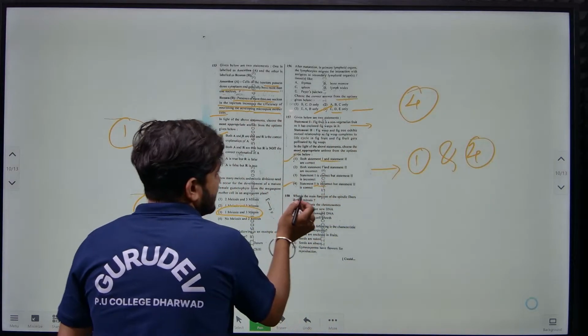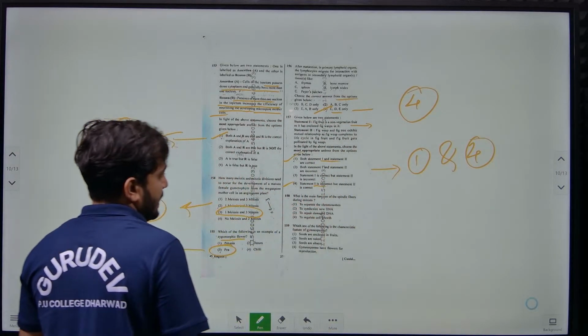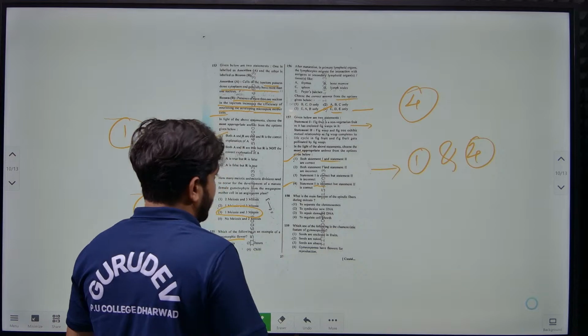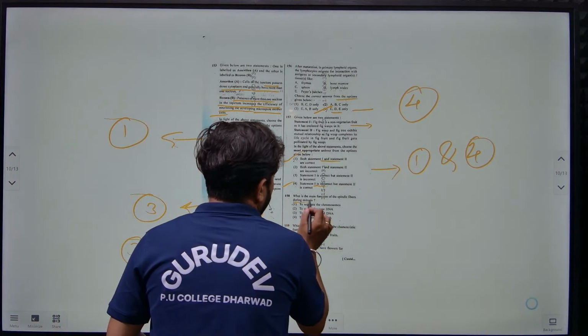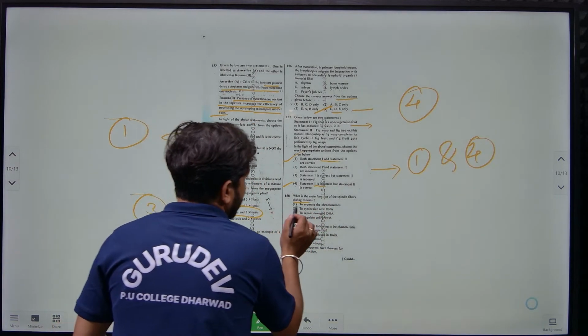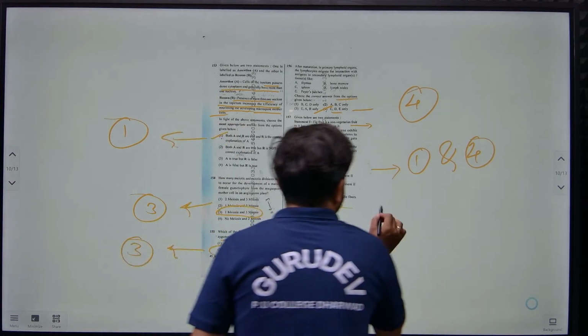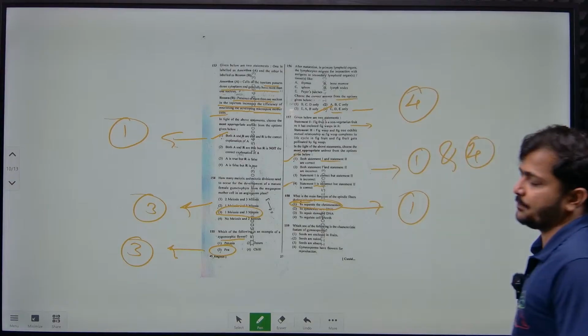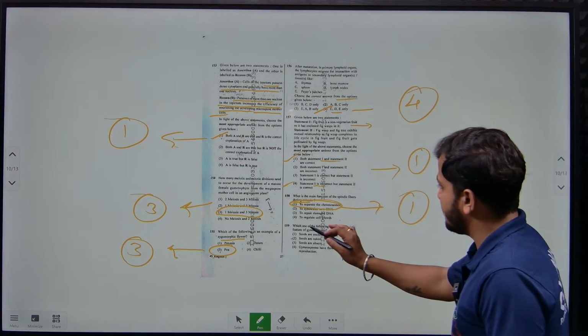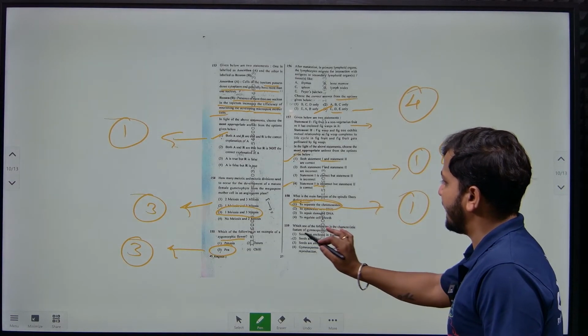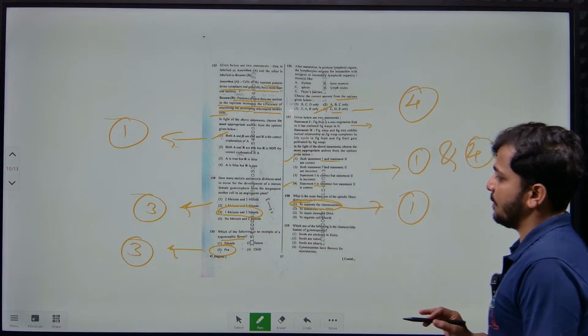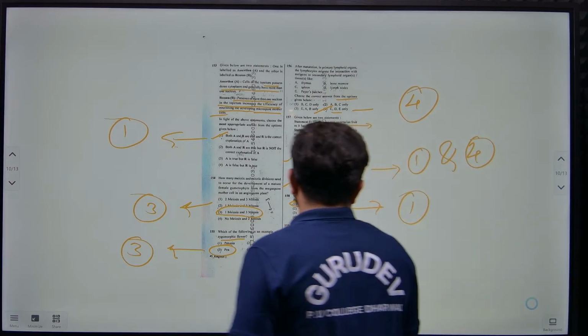Then what is the main function of the spindle fiber here? Spindle fibers during mitosis, if I consider, act to separate the chromosomes. So here option 1 is correct. Then moving on to the next, which one of the following is a characteristic feature of gymnosperms?